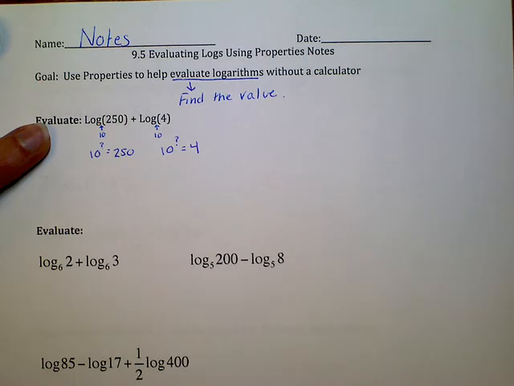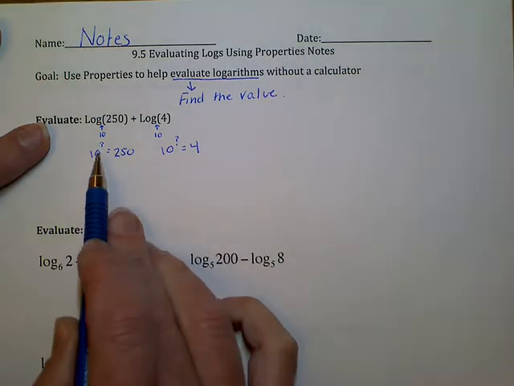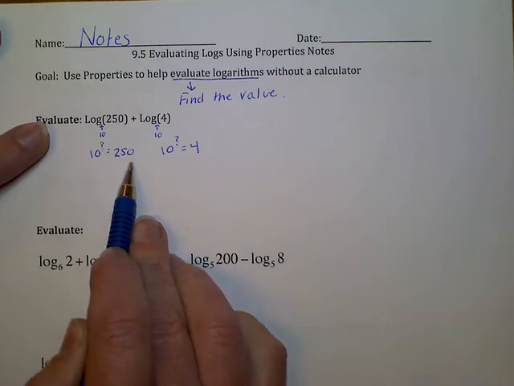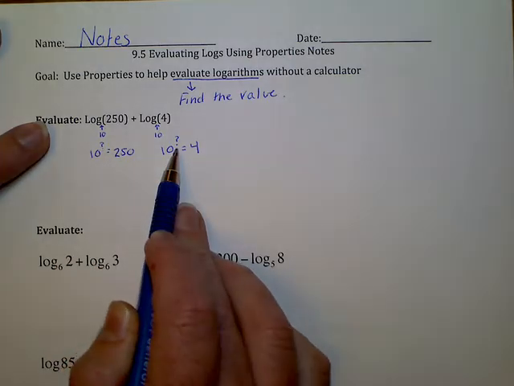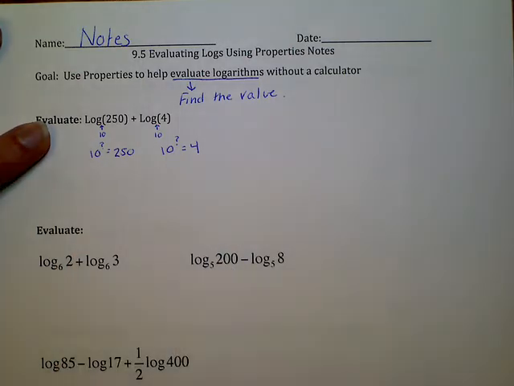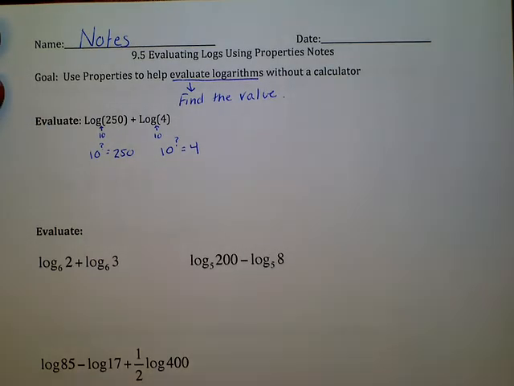The problem is that is not going to be a nice exponent. There's no exponent I can put on 10 to get 250, and there's no exponent I can put on 10 to get 4. So while that's perfectly reasonable to ask in your head or on the piece of paper to write what I have, it doesn't get you anywhere. You're sort of stuck if you go with that method.